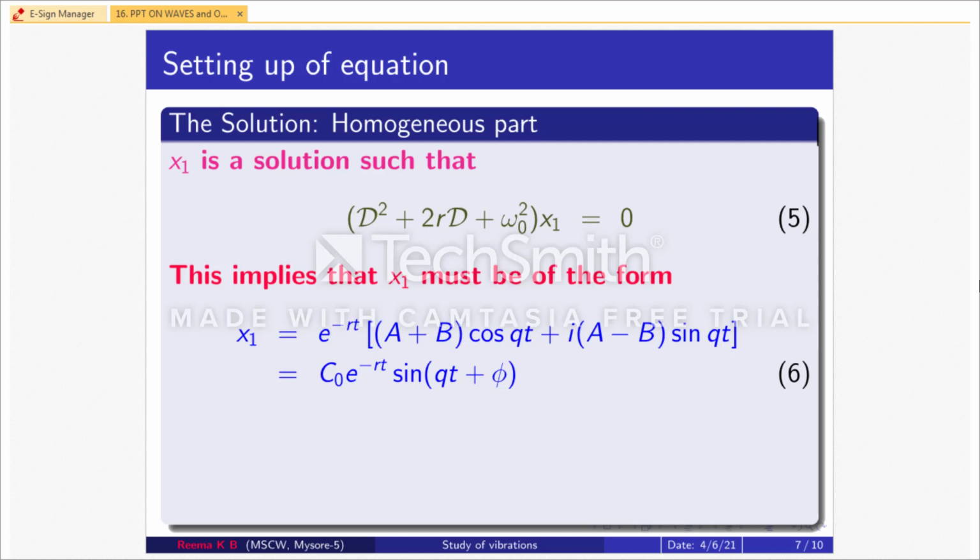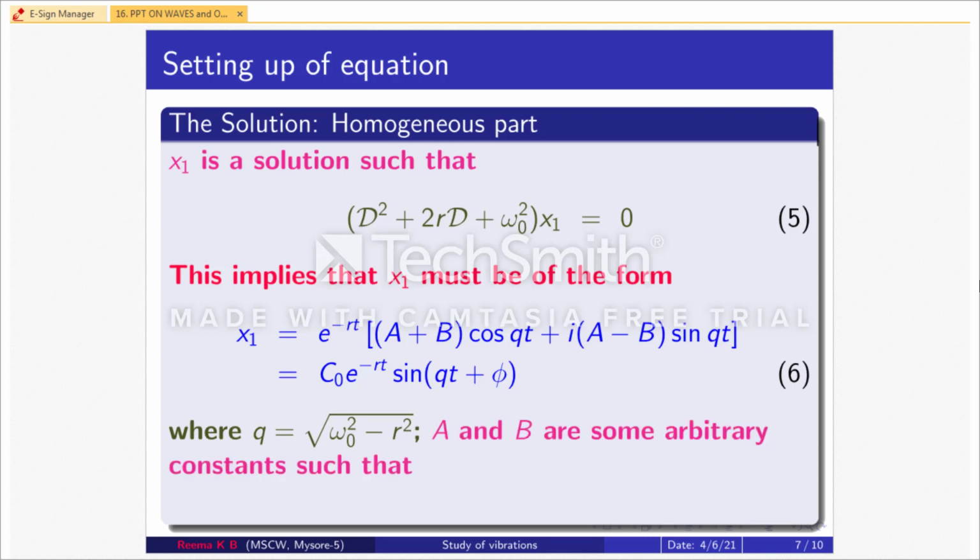This is also equal to c0 e^(−rt) sin(qt + φ). Let's consider this as equation 6, where q = square root of (ω0² − r²).